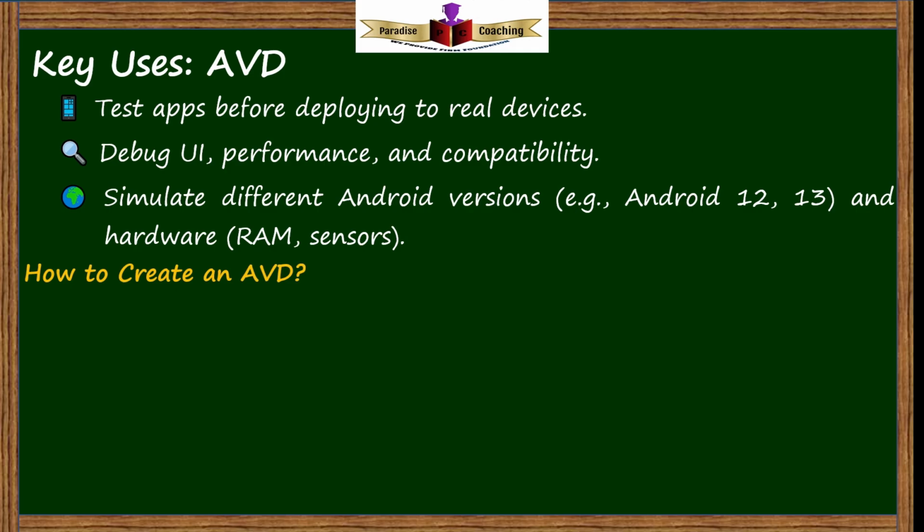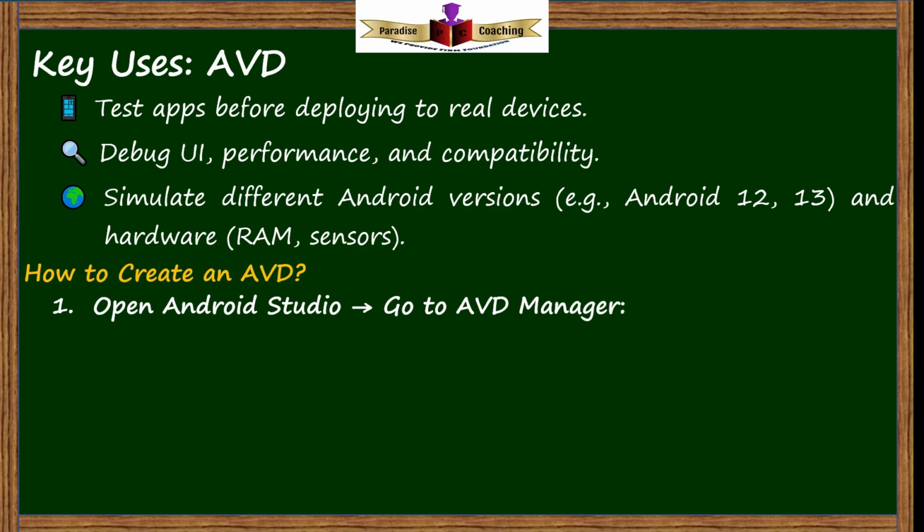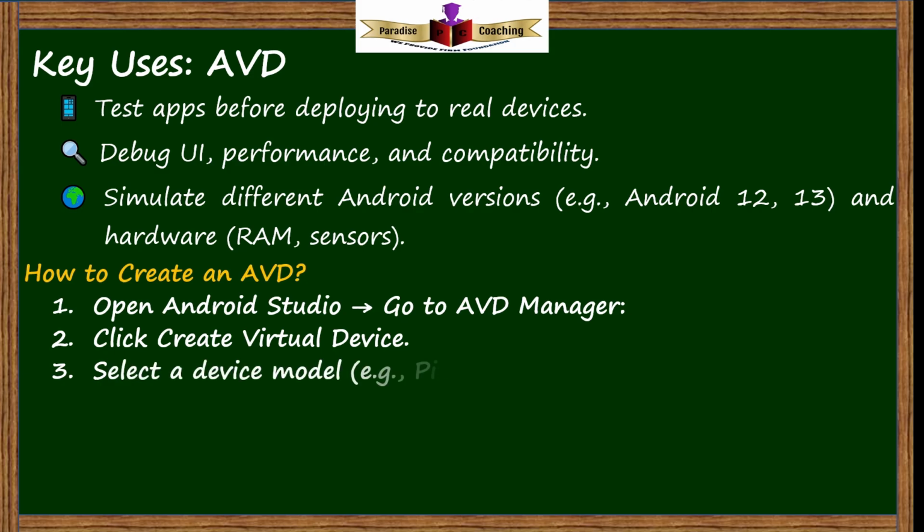How to create an AVD. 1. Open Android Studio, go to AVD Manager. 2. Click Create Virtual Device. 3. Select a device model, example, Pixel 6. 4.